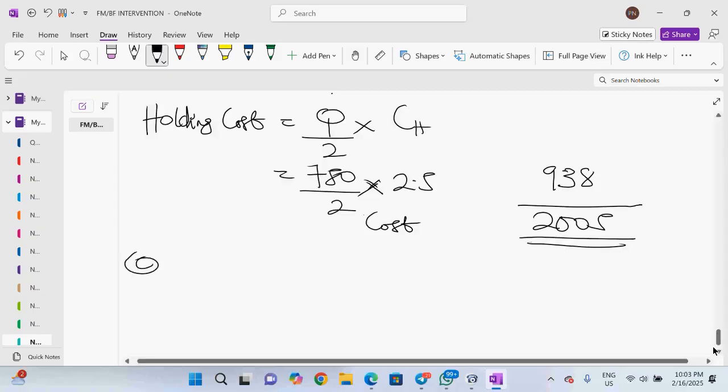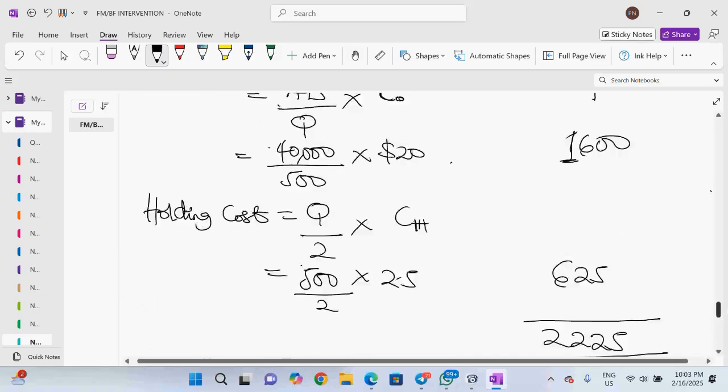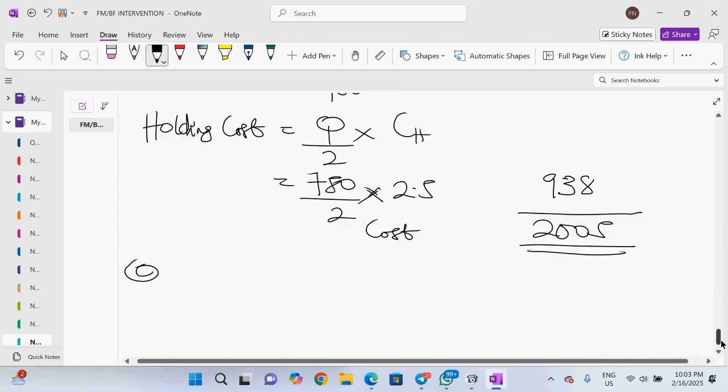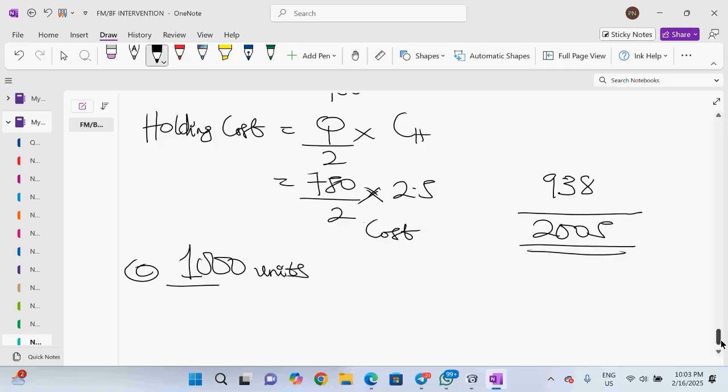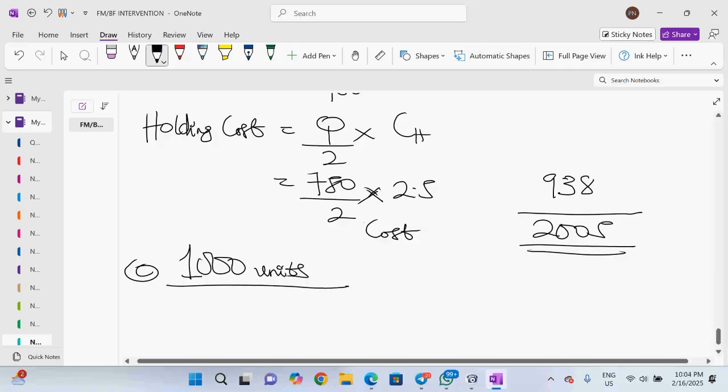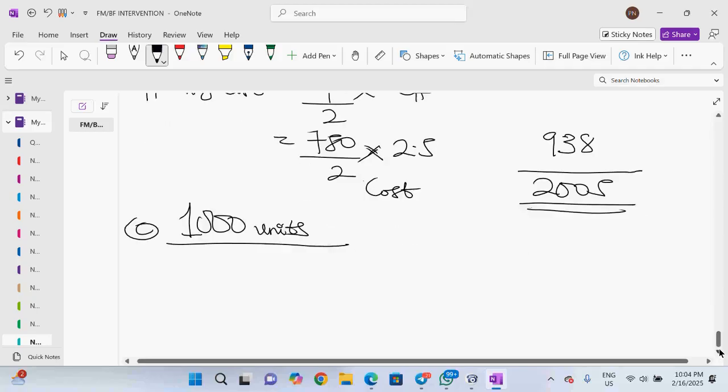Then C is what? When we order at 1,000 units. At 1,000 units, AD over Q, that is the ordering cost. So now we know the formulas, I'll not be writing the AD again.